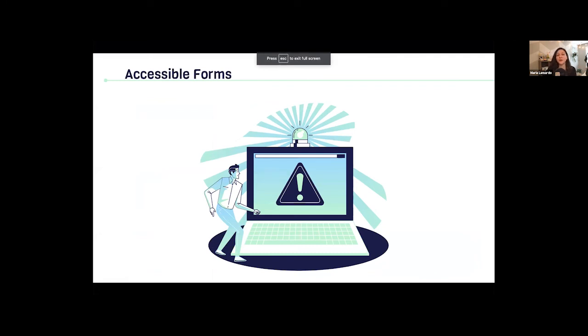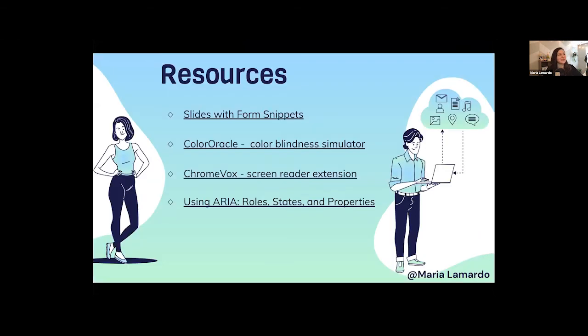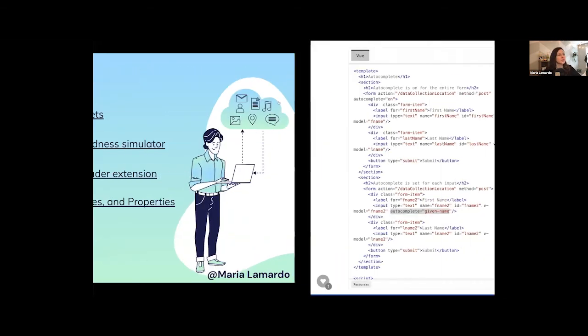So there are a lot of considerations for building accessible forms, and I didn't get to cover everything today, but I really encourage you to go through all of the docs and explore different types of input fields and different input types, and just turn on your screen reader and test it out. Here I've shared the slides in the chat, and on the slides you'll also find the code snippets that I've shared.